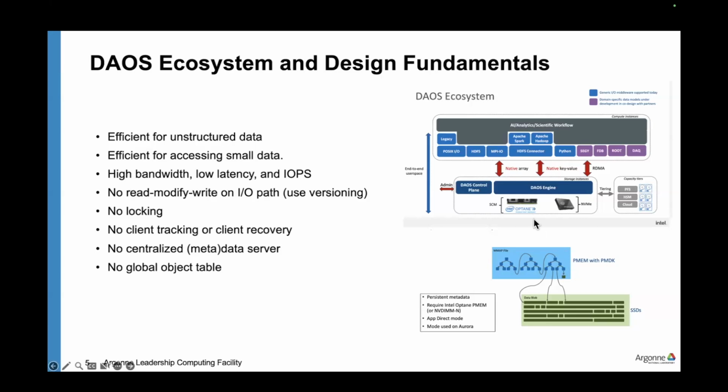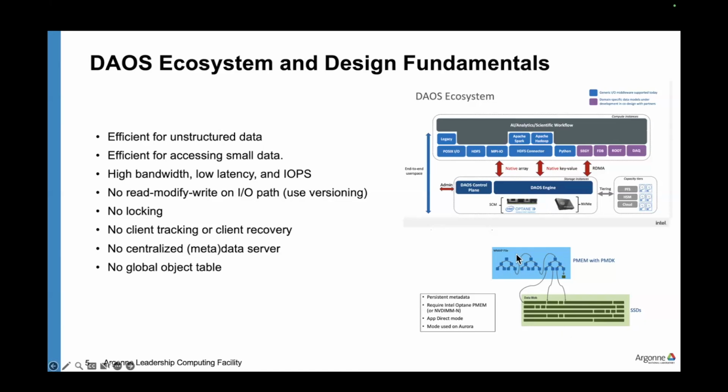DAOS has both persistent memory as well as NVMe SSDs. In each DAOS node, we have one persistent memory and one SSD, and together we call this an engine. I'll go over the DAOS hardware architecture in the next slide.